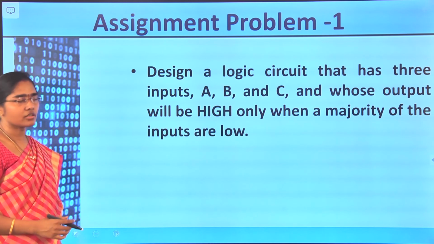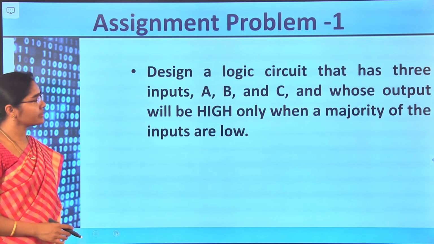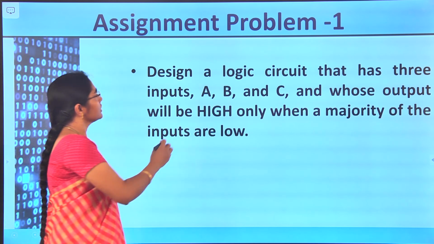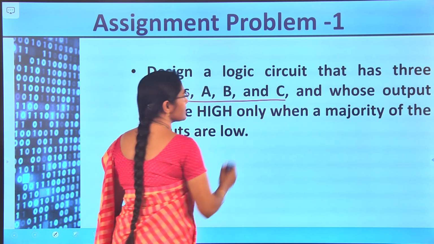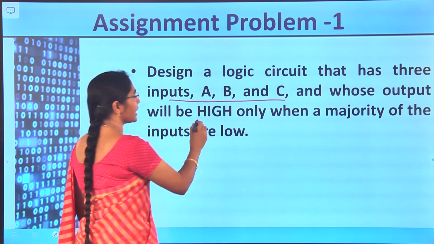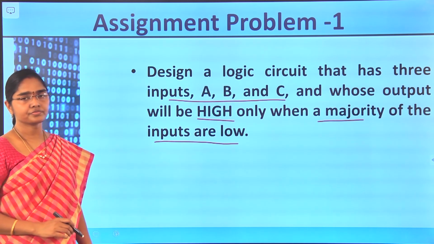And after solving that, take these problems as assignment. Assignment problem 1: design a logic circuit that has 3 inputs A, B, C and whose output will be high only when a majority of the inputs are low.